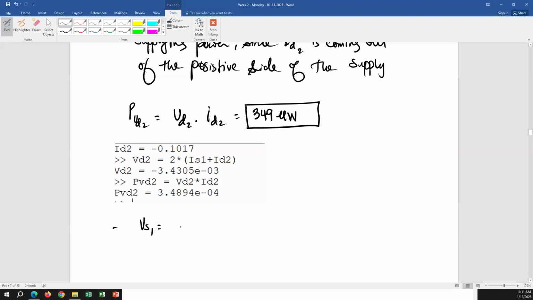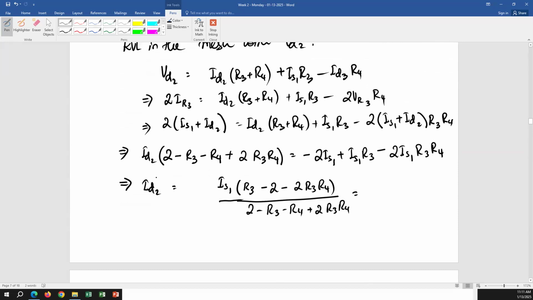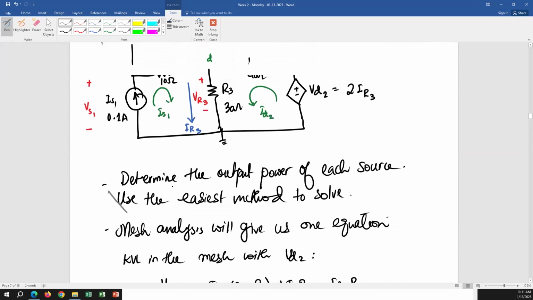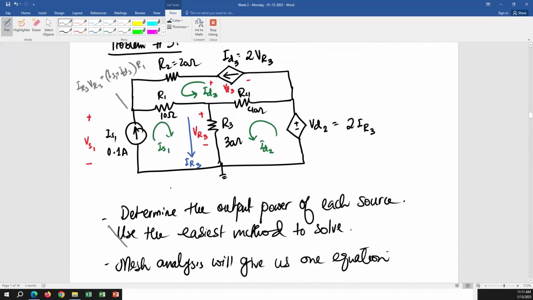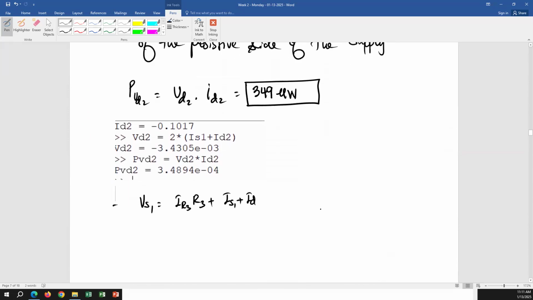VS1 is IR3 times R3 plus IS1 plus ID3 times R1.